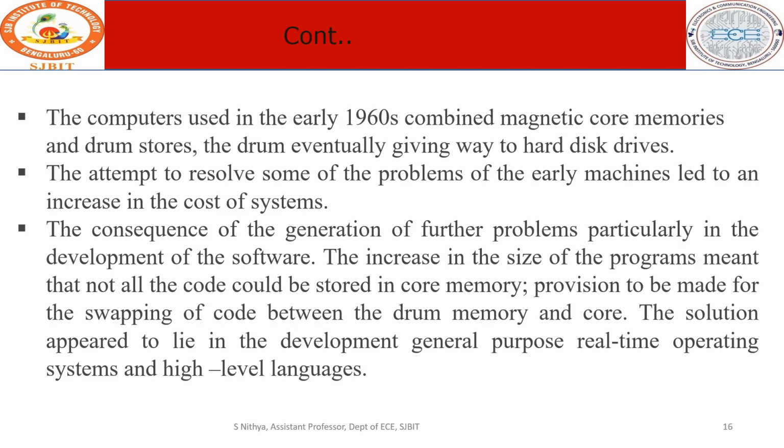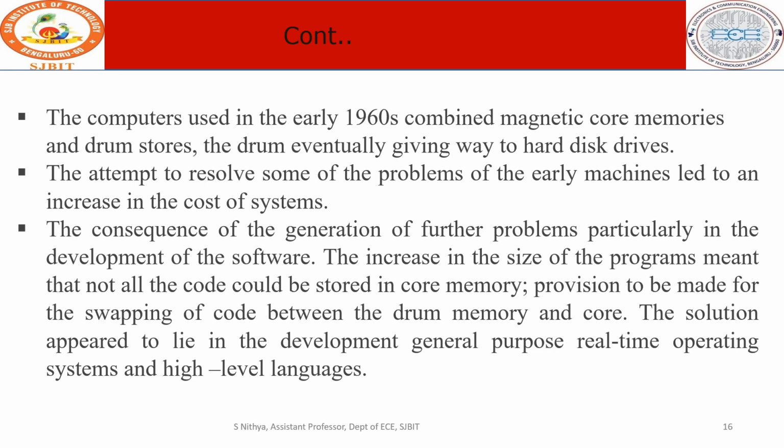The computers used in the early 1960s combined magnetic core memories and drum store, with the drum eventually giving way to the hard disk drive. Afterwards, attempts to resolve some of the problems of the earlier machines increased the cost of the system.